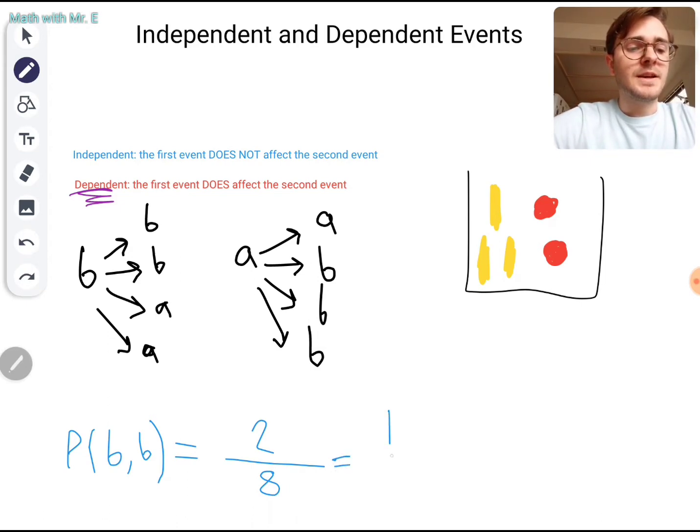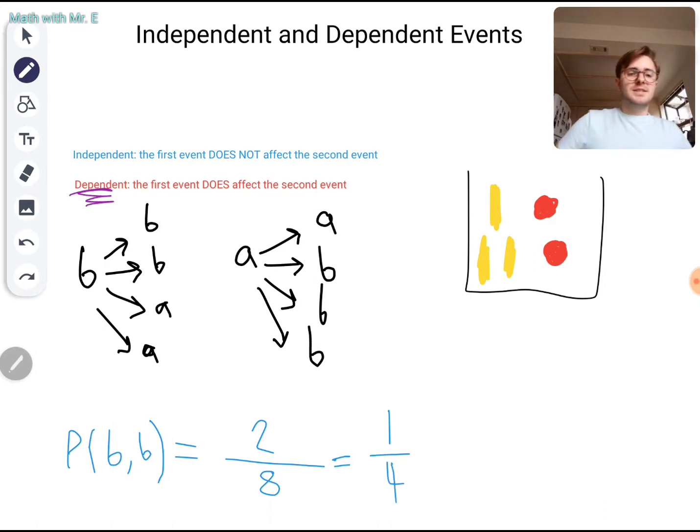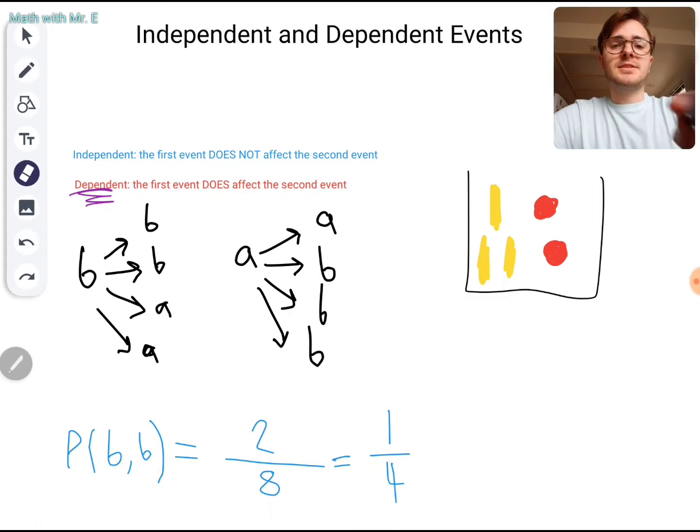Okay, what about another problem. Let's say, what is the probability that neither fruit that he eats will be a banana?